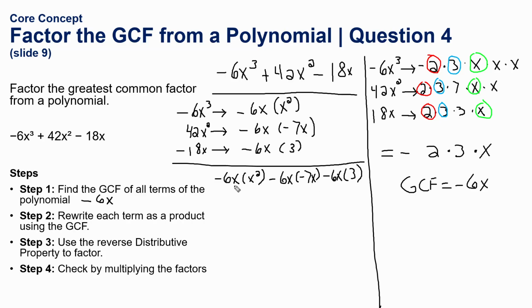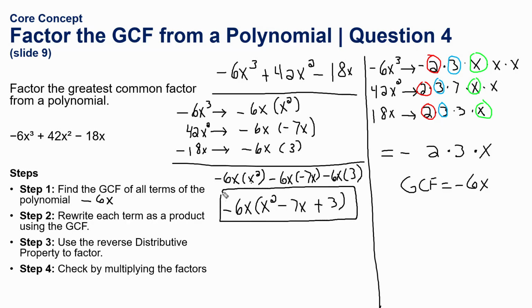We are going to now put in distributive property form by taking the negative 6x on the outside of my parentheses, and then on the inside, we're going to put each of these 3 different terms here. x squared minus 7x plus 3. So my answer now would read negative 6x parentheses x squared minus 7x plus 3.